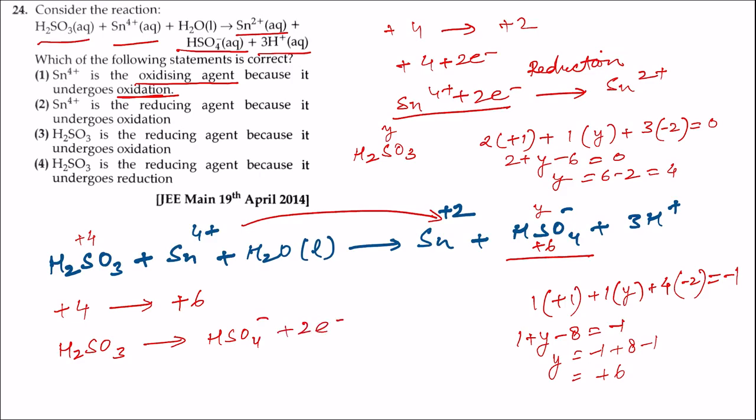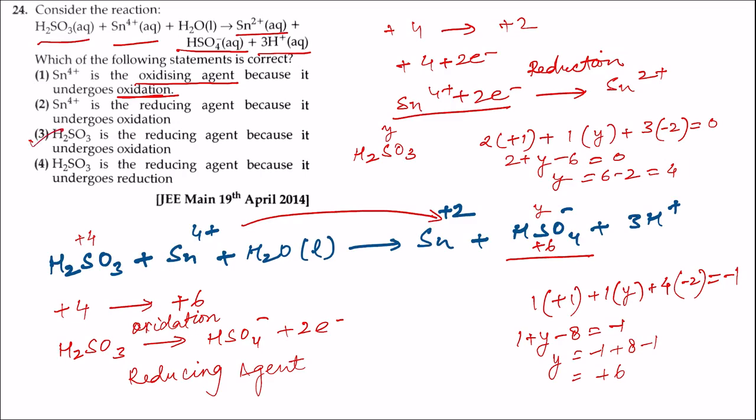So it is getting oxidized. This reaction is oxidation reaction. It is getting oxidized and it is acting as a reducing agent. Here sulfur is getting oxidized from +4 to +6. Therefore H2SO3 is acting as a reducing agent. So statement 3 is correct.